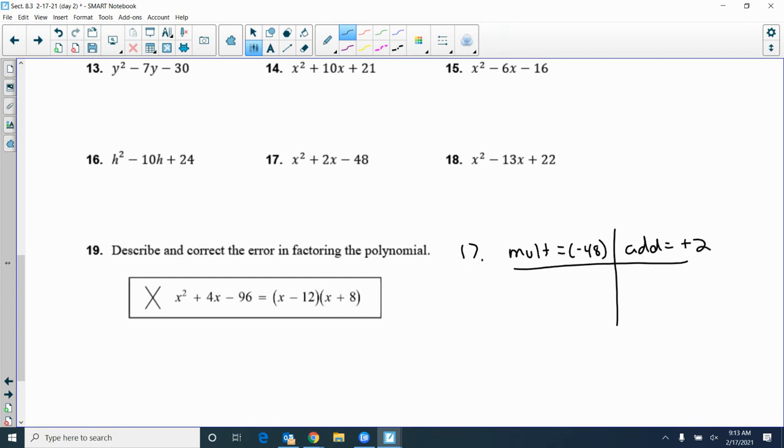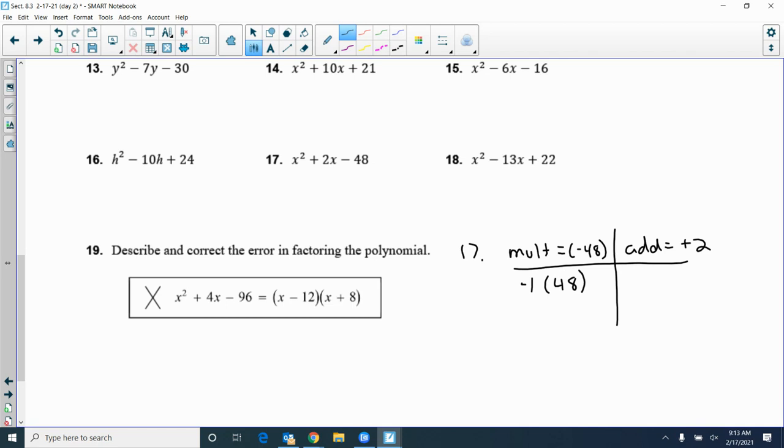So if I look at my rules on the back of that sheet, to multiply to get a negative and add to get a positive, one of them has to be negative, one has to be positive, and the bigger one has to be positive. You start with the factors of 48, and if you list them in order, you won't skip any.